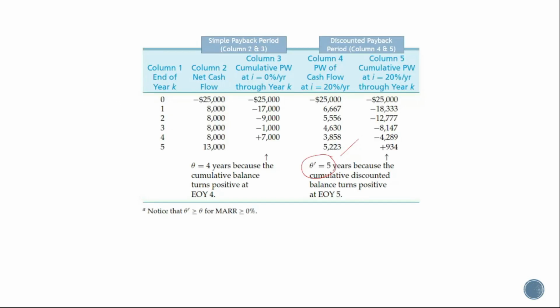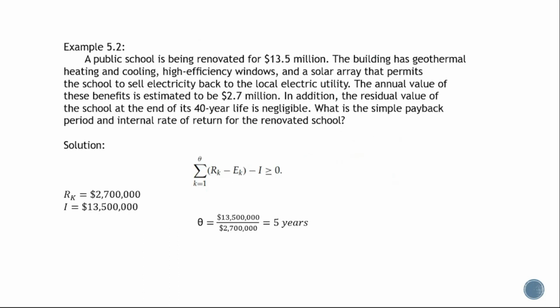In the next example, I will show the direct formula so we can get the payback period directly. In the problem, we have an initial cost of $13.5 million to renovate a public school. The building has geothermal heating and cooling, high efficiency windows, and a solar array that permits the school to sell electricity back to the local electric utility.